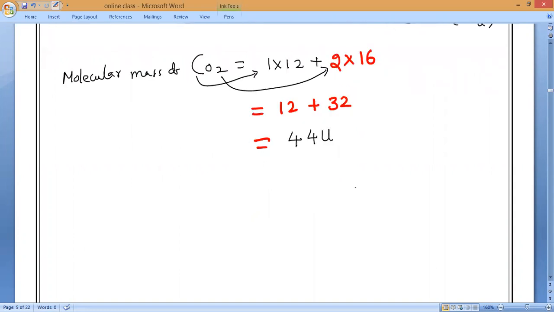Now they are asking the mass percentage of carbon as well as the mass percentage of oxygen. Let me take the mass percentage of carbon first. What is the formula?